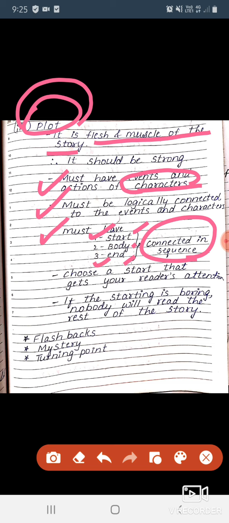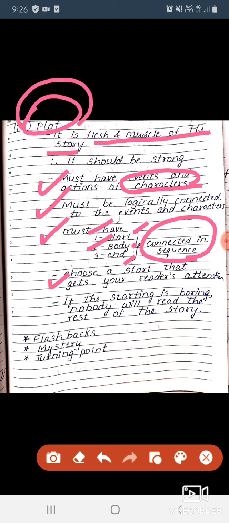Then we get some really good ideas about the starting of the story, so we again start writing the starting of the story. While writing the starting, we again get some novel, innovative ideas about the ending of the story, and we start writing the ending of the story. Now, this should not be haphazard. These three things should always be in sequence.